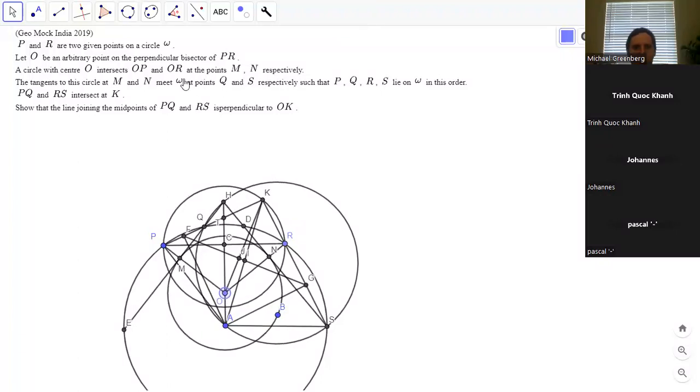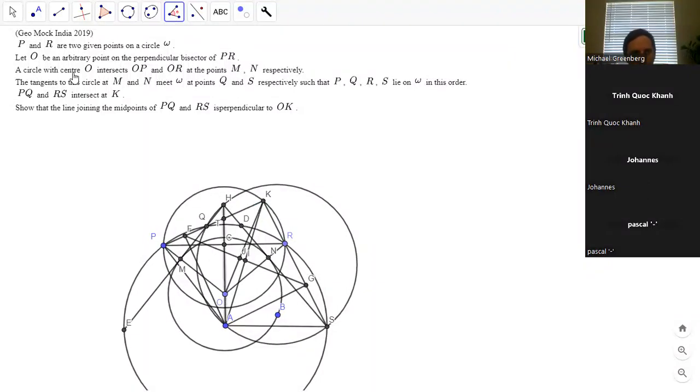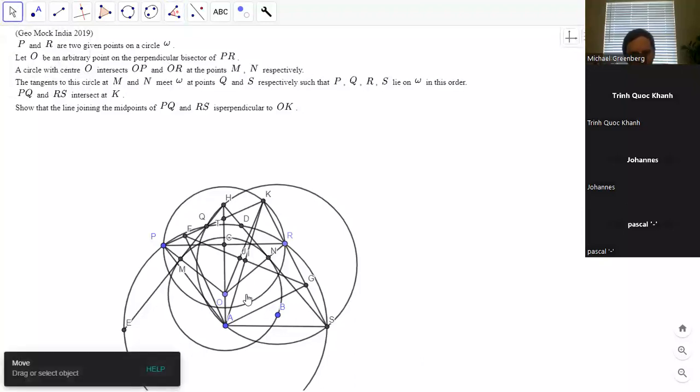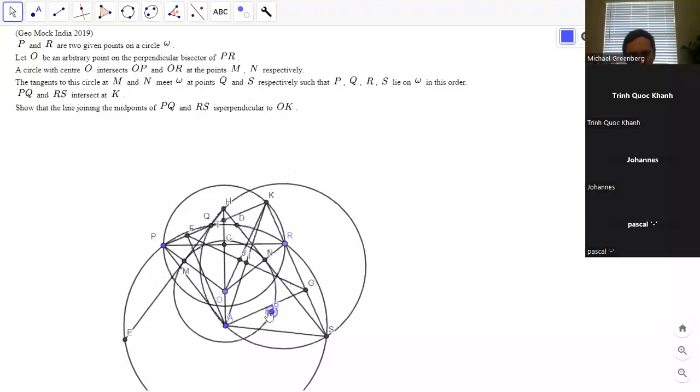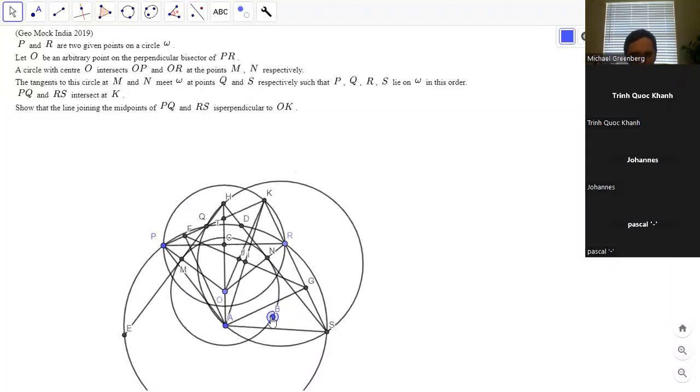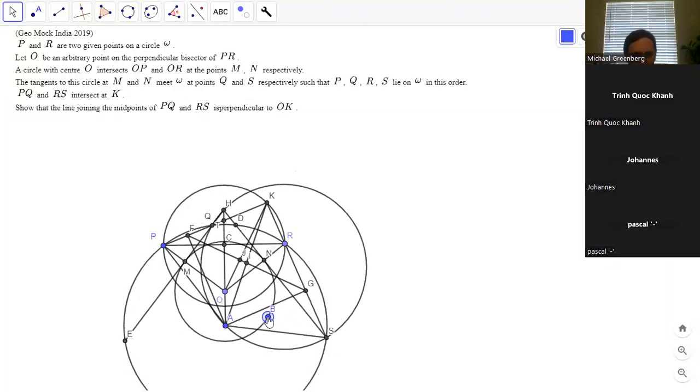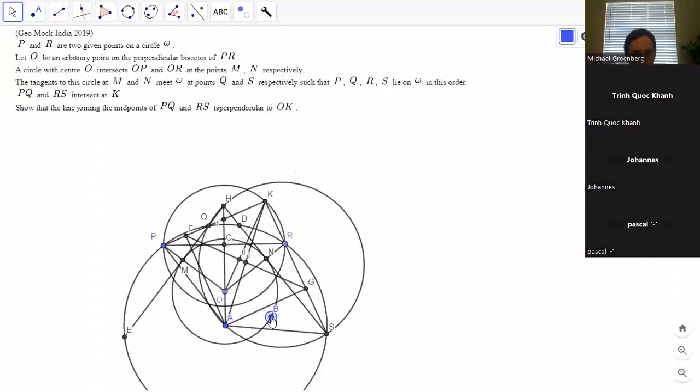So, I mean, that would mean angle PKR is 90. So let's check that. That's not true. So yeah, what's another point on the circle? Let's see if we can figure it out.